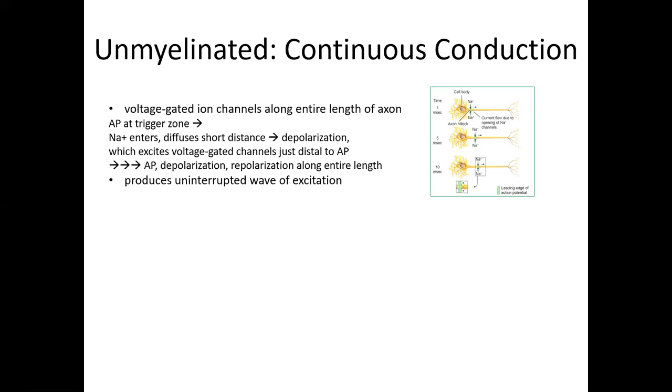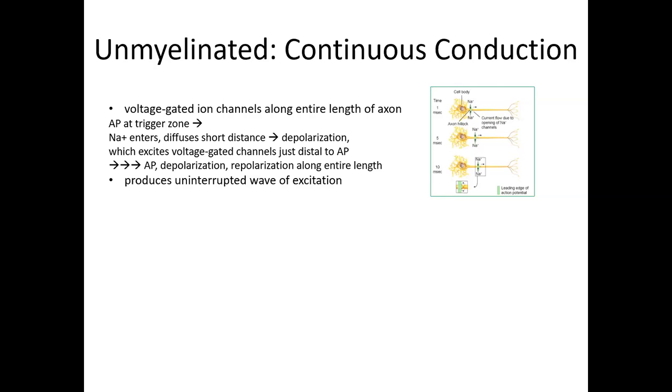And what this means, if you look at the picture on the top right, there's our normal multipolar neuron, and all along its length, we have all these voltage-gated ion channels along the entire length. So when the action potential is generated at that trigger zone right at the axon hillock, sodium is then going to enter the axon and diffuse for a short distance, giving us that depolarization, which is then exciting voltage-gated channels just distal to the action potential, generating a new action potential, and that continues along the entire length.